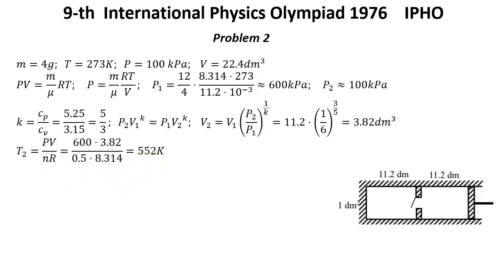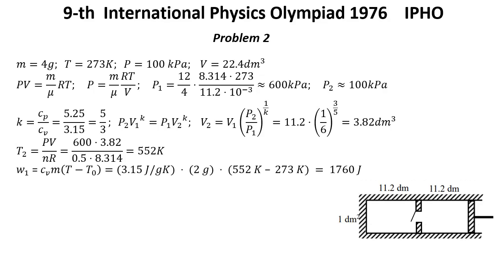During this phase, the whole work performed increases the internal energy of the gas. So it means that W1 equals Cv m multiplied by the temperature difference, 552 Kelvin minus 273 Kelvin, which gives us 1670 joule.